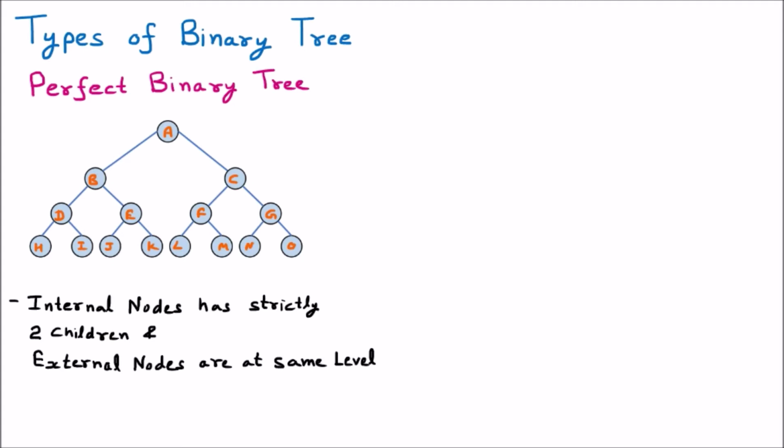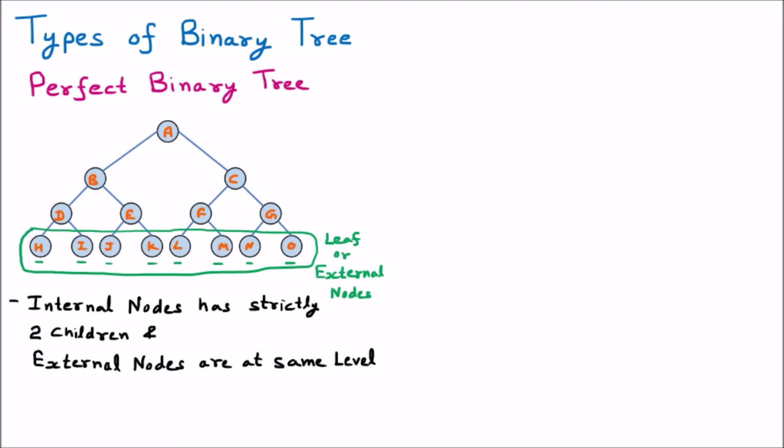So the nodes which have 0 children are the leaf nodes H, I, J, K, L, M, N, O. Leaf nodes are also called external nodes. Now all the remaining nodes except the external nodes are the internal nodes.